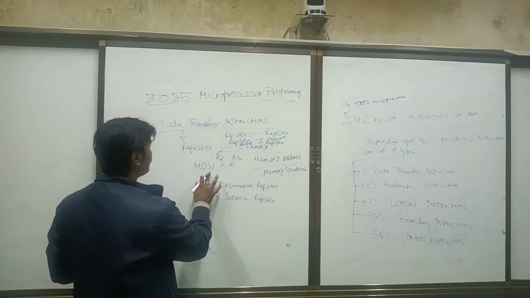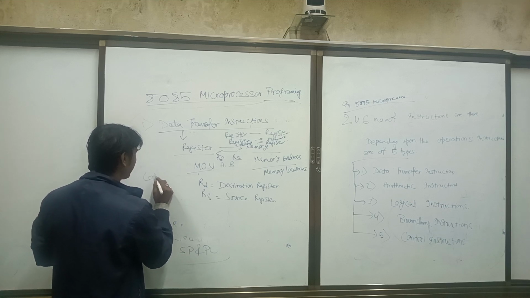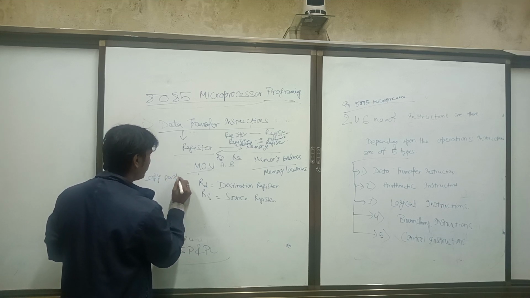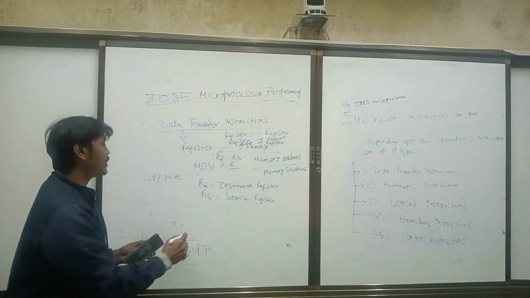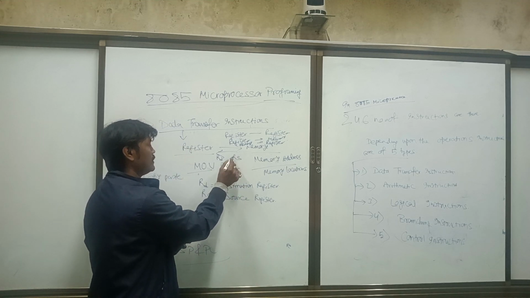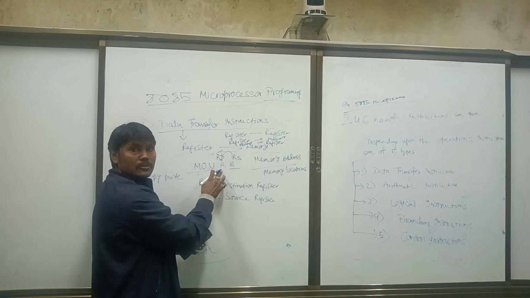Right. So that means MOV A comma B: not cut-paste, a copy-paste operation is going to be done. The content of B, the source register, will be copied to the destination register, the accumulator.